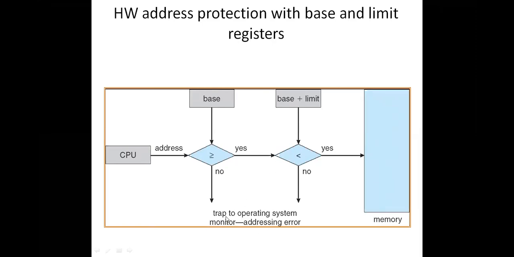That means an error will appear. An error signal will be sent to the operating system as an addressing error. That means the CPU is executing the P1 process, but is trying to access some other process's memory location. So it will be considered an error. Okay, it is a very important one.